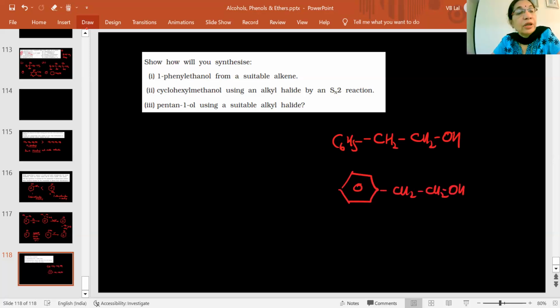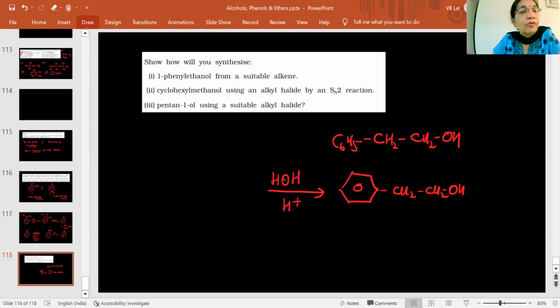Now the question is, which alkene gives me this? So you have to first form the alkene. Now what sort of reaction has given me this? If I have to prepare it from an alkene, it is by addition of water in presence of H+.